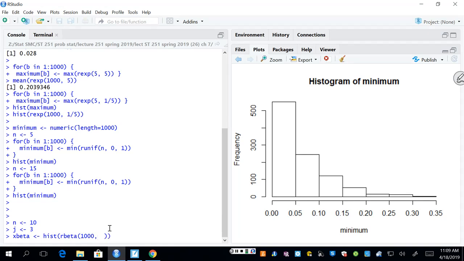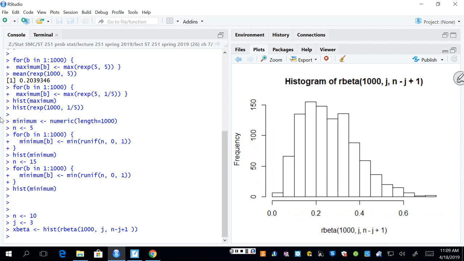The beta says we should have what? It was j, and then n minus j plus 1, should be what the beta distribution is there, right? And so that's what the density should look like for the third value out of these. It's less than halfway, kind of in that area.